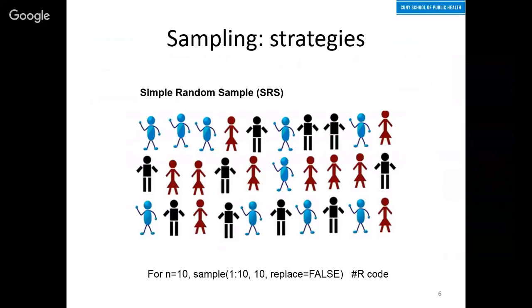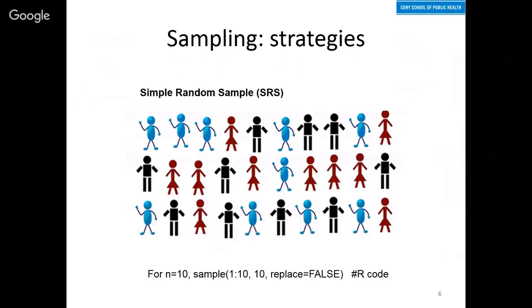There are numerous strategies for sampling from the population. The one that we'll be concerning ourselves with in this class is the simple random sample. And this is the most straightforward to design and to analyze.